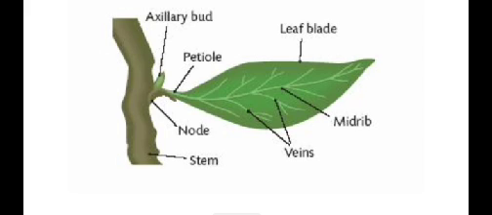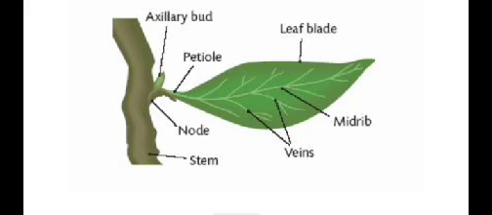What is the midrib? The midrib is the vein-like structure of the leaf. So the typical leaf has a middle part where it is the same on both parts. It is the middle line that goes, and these are veins actually.